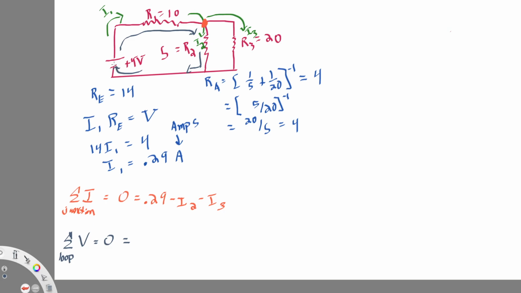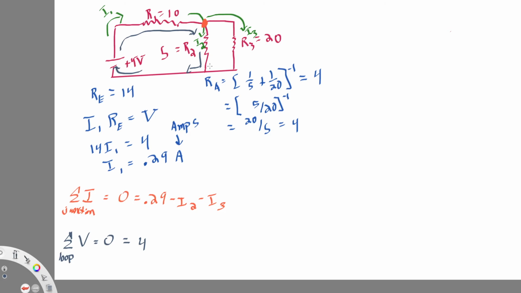So we're going the, quote-unquote, right way over the battery, from negative to positive. So that's going to give us a positive voltage increase. Then we go the right way over the resistor and the right way over the second resistor.